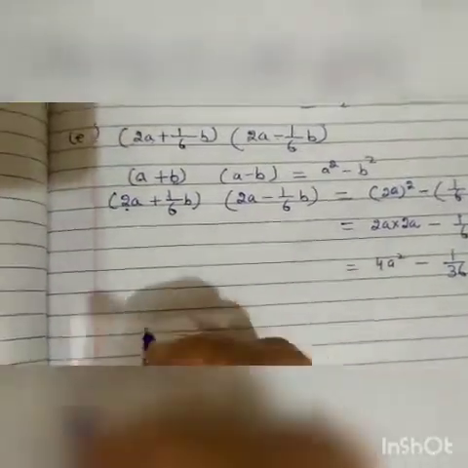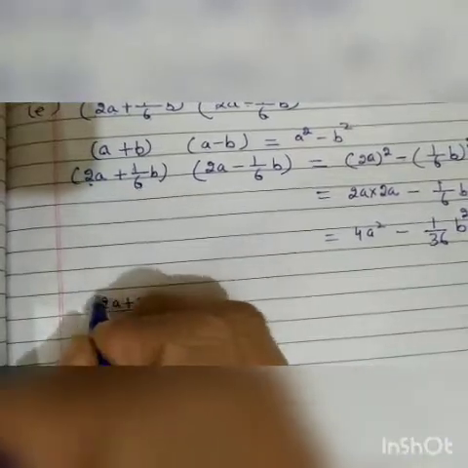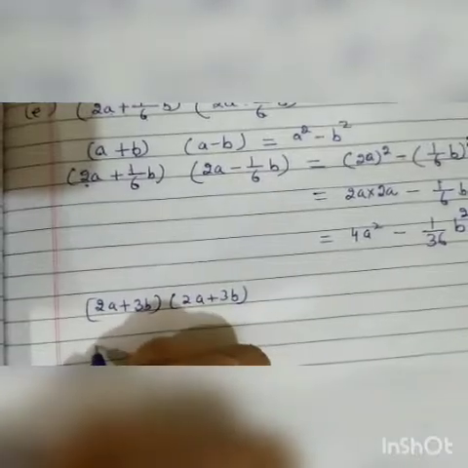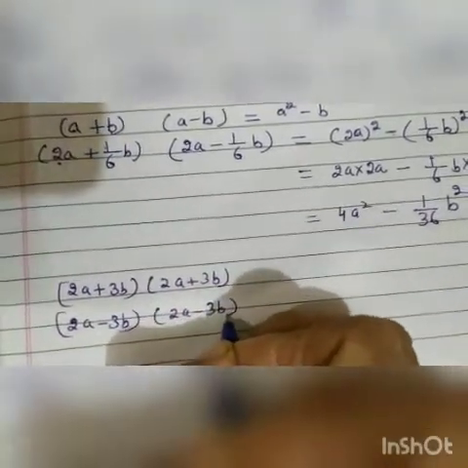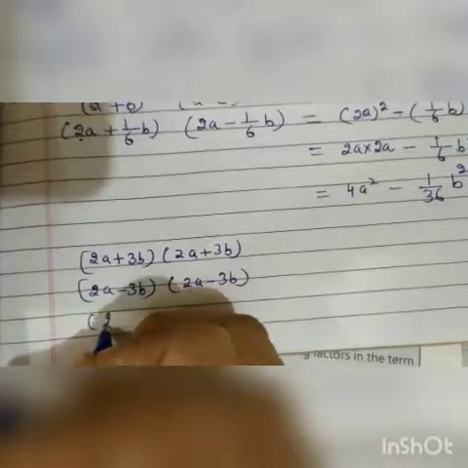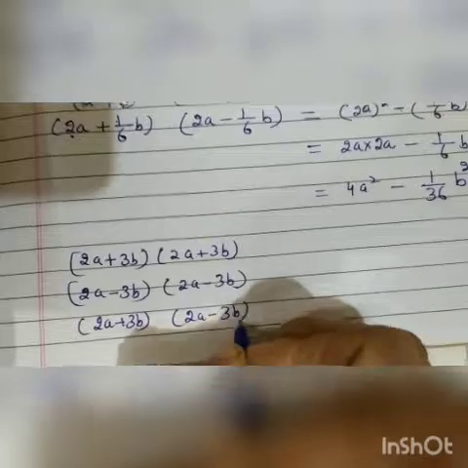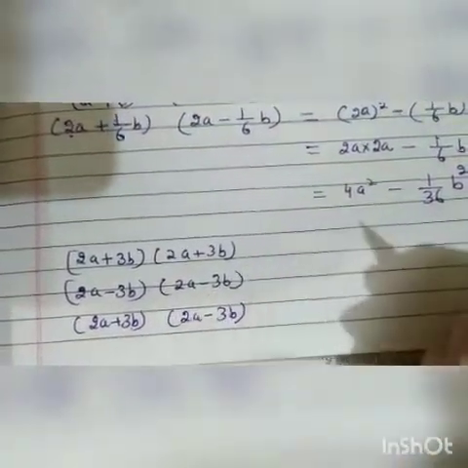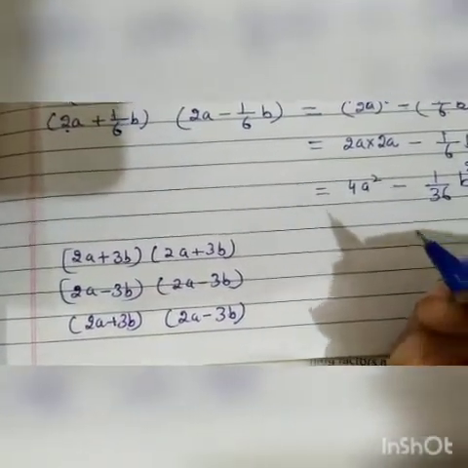Students, see one thing. Suppose our question is (2a plus 3b)(2a plus 3b). Then the second question is, suppose, (2a minus 3b)(2a minus 3b). And the third question is (2a plus 3b)(2a minus 3b). How do we identify which identity we have to use?